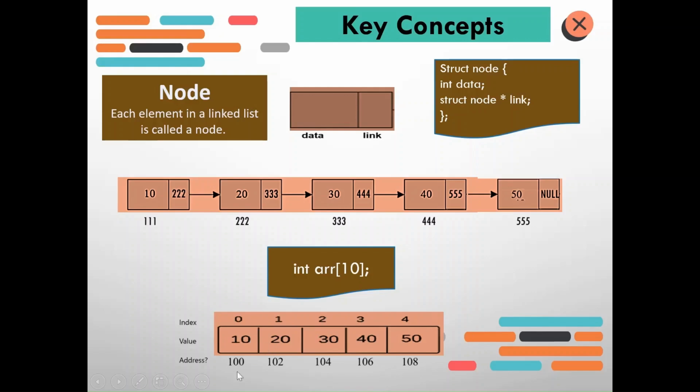Here I have shown some hypothetical addresses. If the first element of this array is stored at 100, the next element would be stored at 102, the next at 104, and so on. I have stored those elements 2 bytes apart because the array has been declared as integer, right? Here I'm assuming that in most cases an integer value takes 2 bytes.